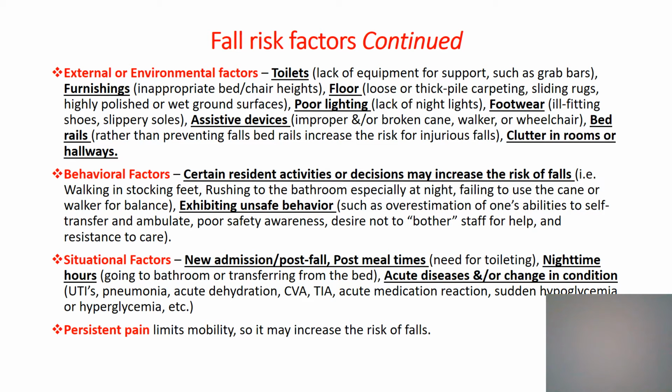Floors, loose or thick pile carpeting, sliding rugs, anything that can cause someone to trip or fall is a problem. Poor lighting at night, when we have the lights out, so there's an increased risk at that point. Assistive devices, bed rails: rather than preventing falls, bed rails increase the risk of serious injury, so it's better not to use them and is kind of looked down on unless there's adequate documentation. Any clutter in rooms or hallways is going to increase the factors as well.